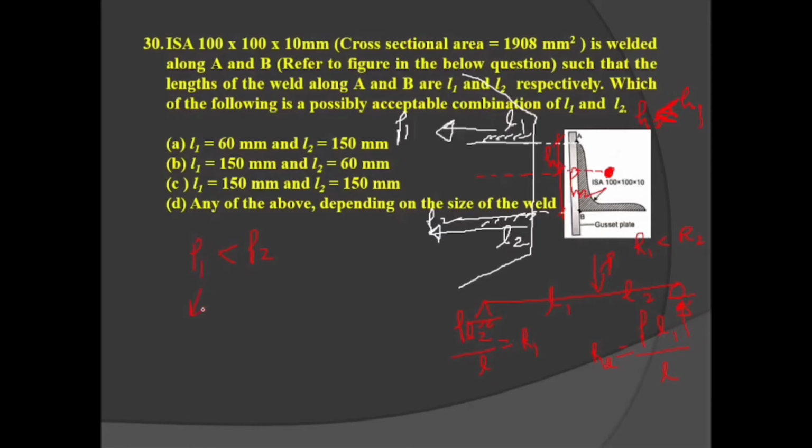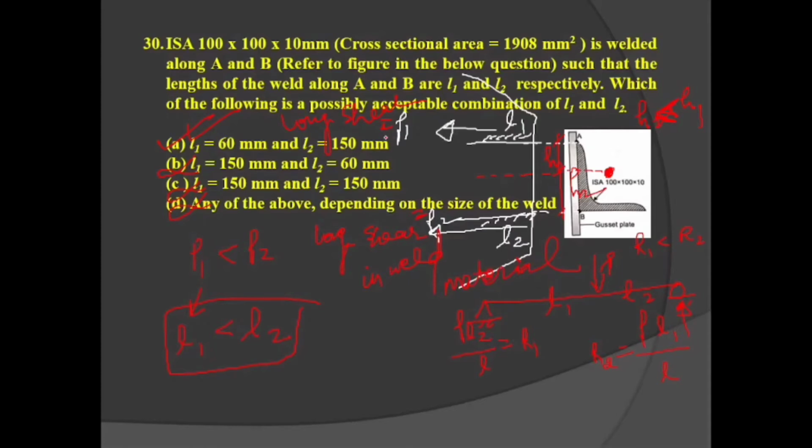So corresponding to P1, L1 will be less than L2. From the options given, this option cannot be there, this option cannot be there, this option cannot be there, because length is totally dependent upon the maximum longitudinal shear force. These are the longitudinal shear in the weld material. So L1 will be less, so option A is the correct option.